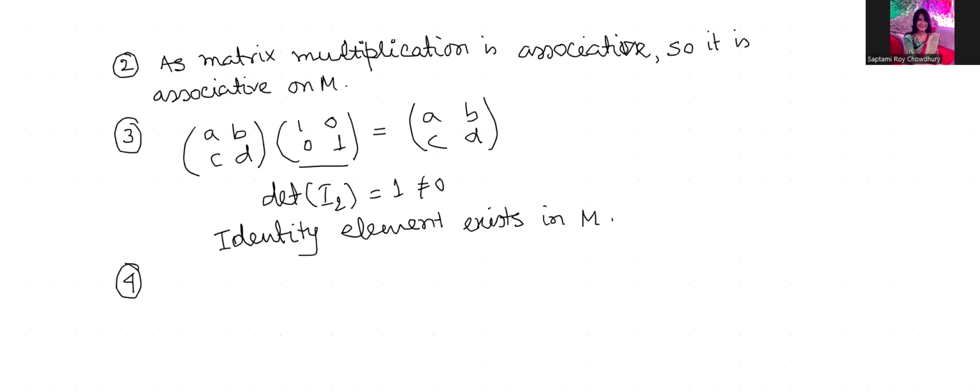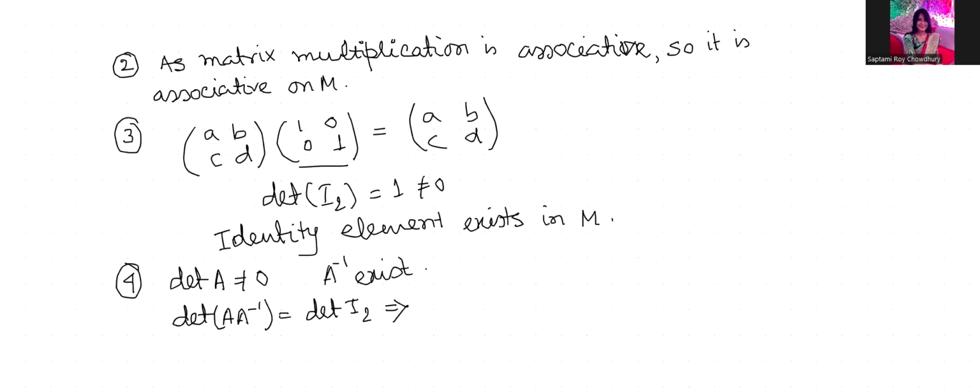Fourth one is the inverse. We know that determinant not equal to 0, and as determinant is not equal to 0, that means A inverse exists. A into A inverse is always I2, and determinant of I2 is 1. We know that. This is the property of the matrix. That means determinant of A inverse is also non-zero.